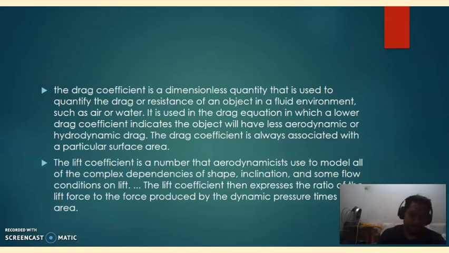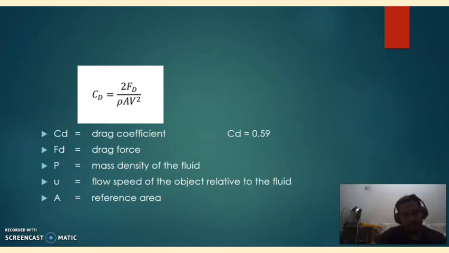The lift coefficient expresses the ratio of the lift force to the force produced by the dynamic pressure times the area. So this is the formula for the drag coefficient. It is the same for the lift coefficient, just with different forces, but the formula is similar.